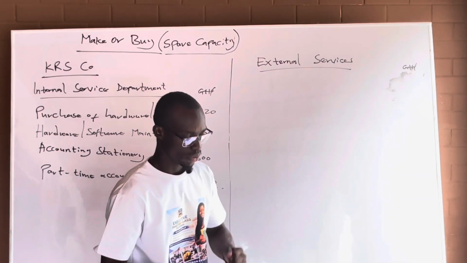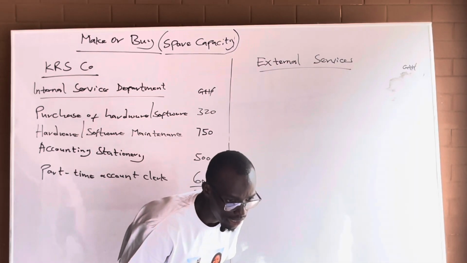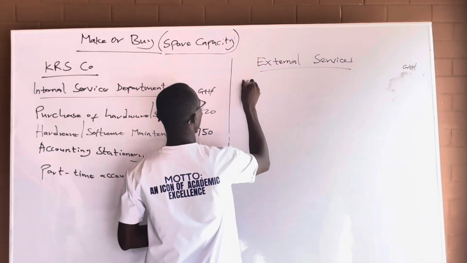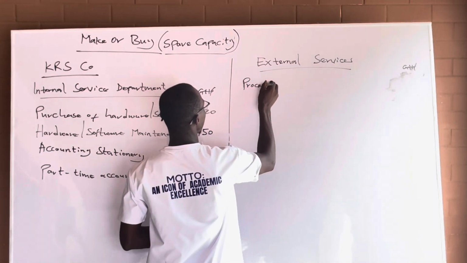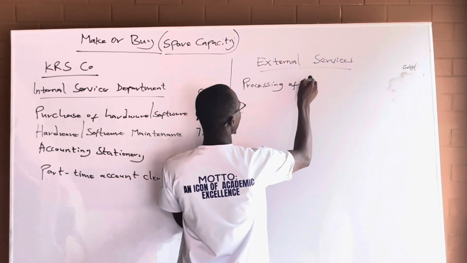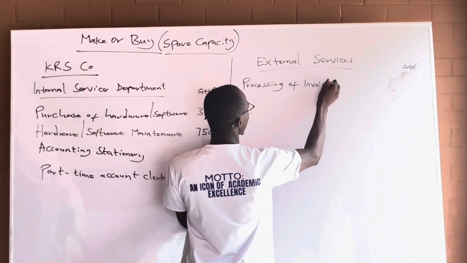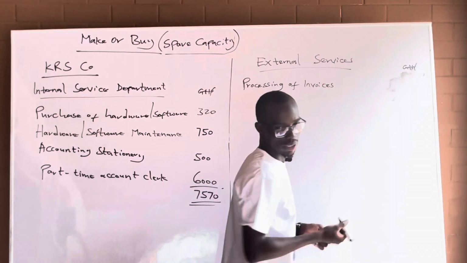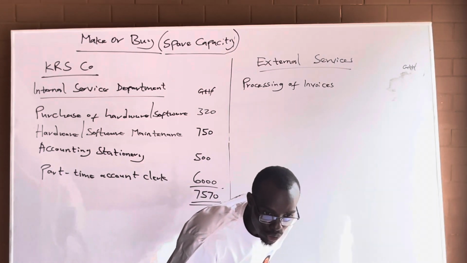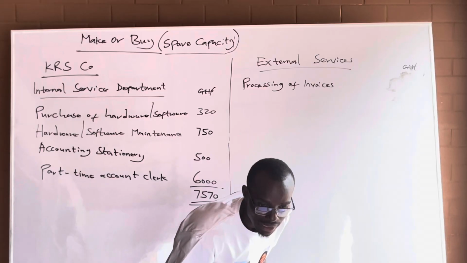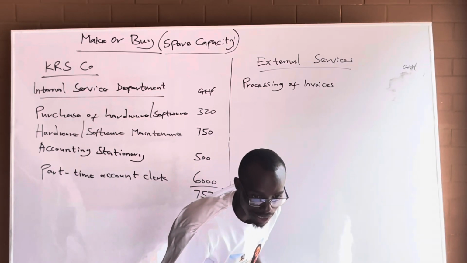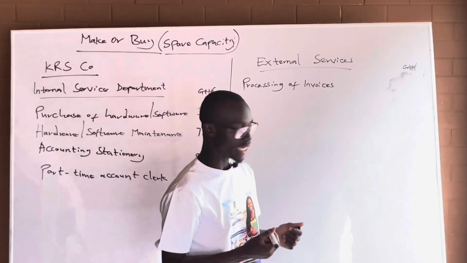Okay, so we have processing of invoices. That one too is 0.50 per document, and it is like 5,000 per annum. So we need to multiply the 0.50 by the 5,000 so that we get the figure.